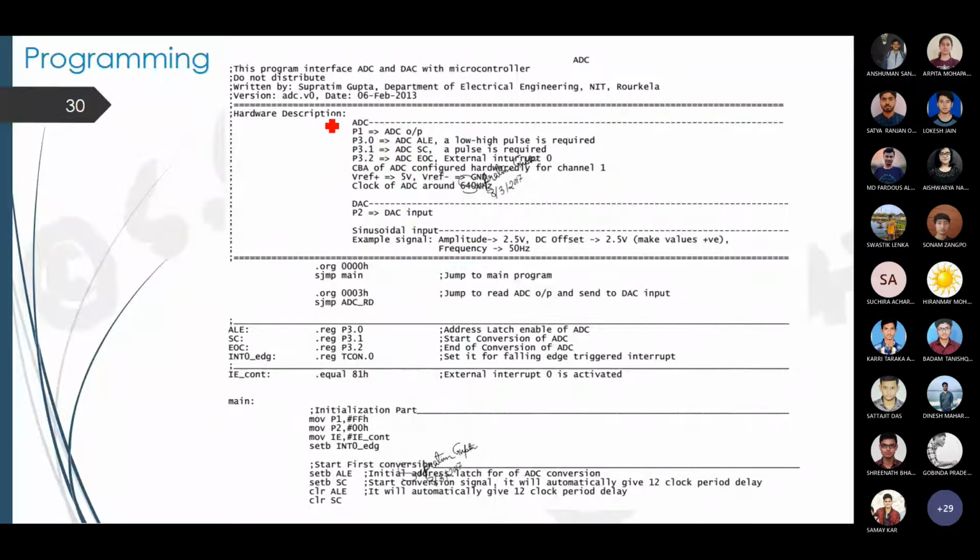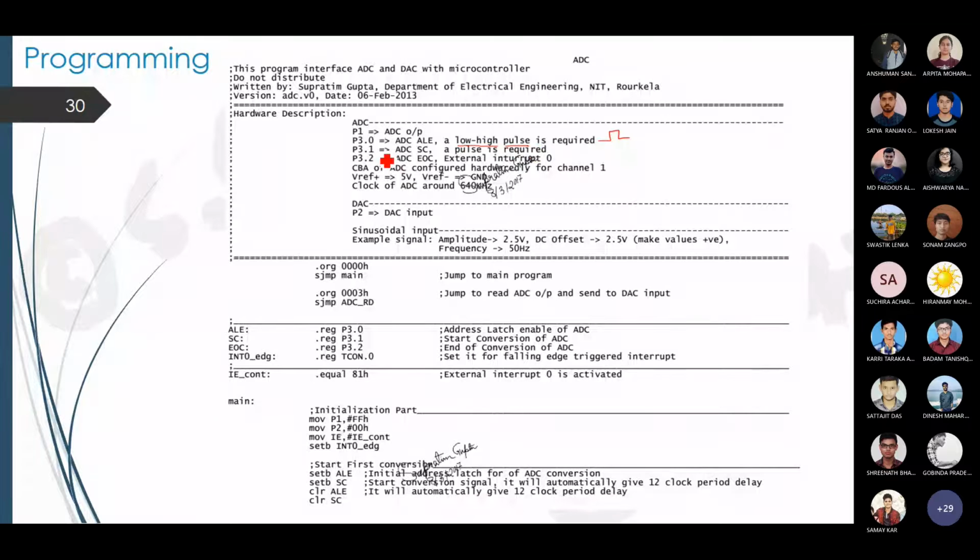And then you have to give hardware descriptions in these. Like I have written here, the ADC is connected to port 1. So port 1 is connected to the ADC output, the digital output of the ADC. Then port 3.0 is connected to ADC ALE, and a pulse is required there, a low-high pulse.